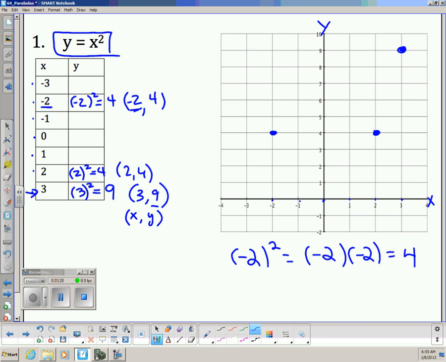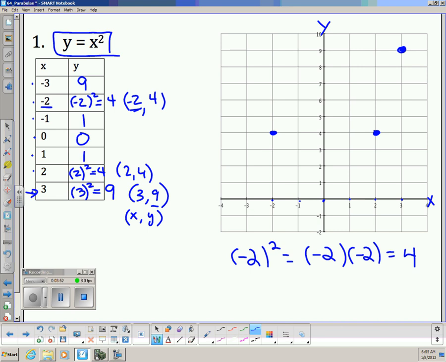And your job now is to pause the video and fill out the rest of the y values. So I need you to pause the video and fill out the rest of the y values. Okay, so the y values you should have gotten after you paused are 9, 1, 0, and 1.